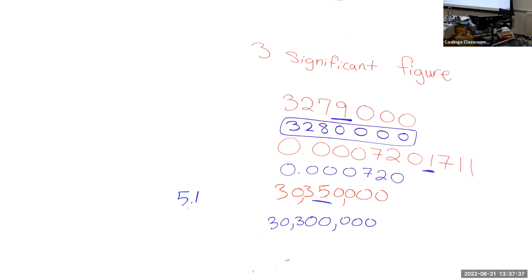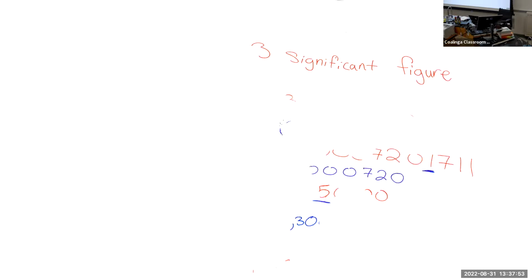Okay. So now let's see if we can be sure about those sig figs. You guys understand what I'm talking about? Sometimes it's a little hazy. Everybody got this down?